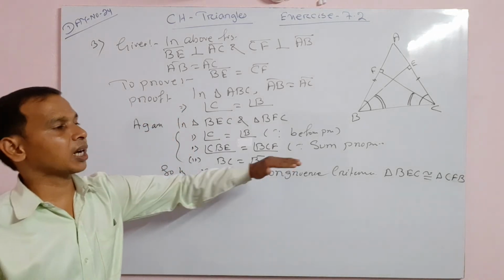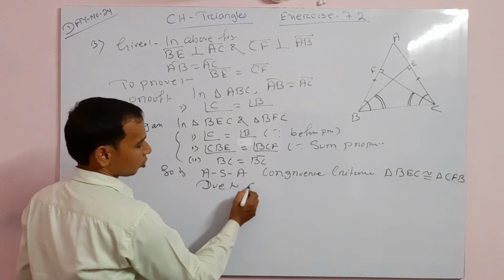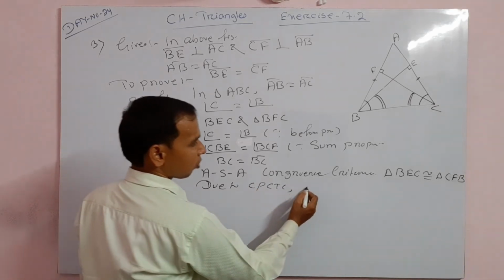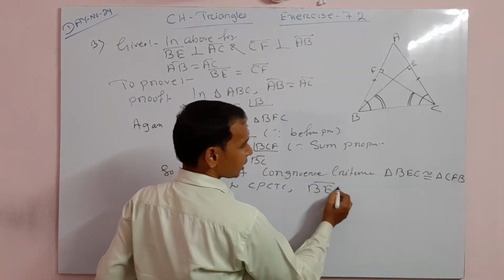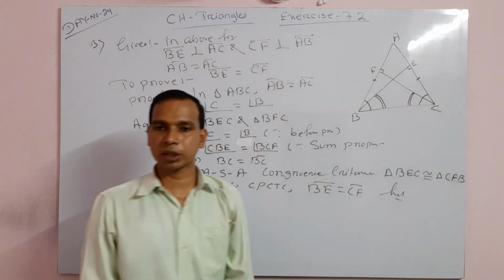Okay. So as two triangles are congruent, due to CPCTC, BE is equal with CF. Proved. BE is equal with CF.